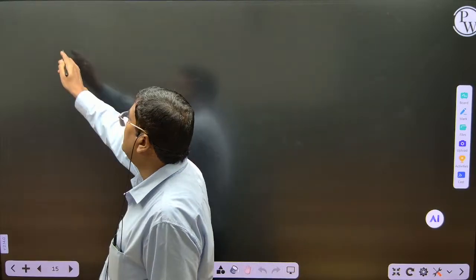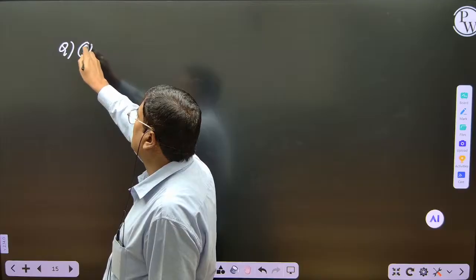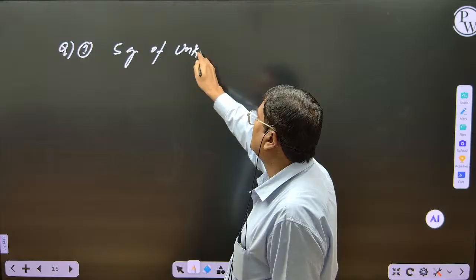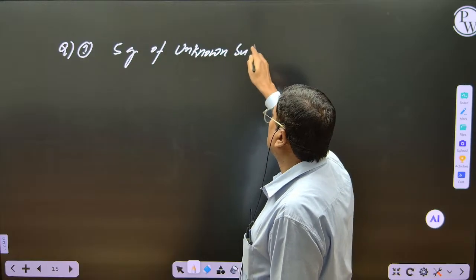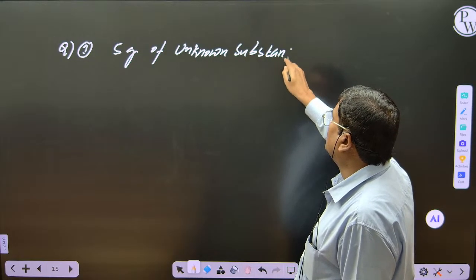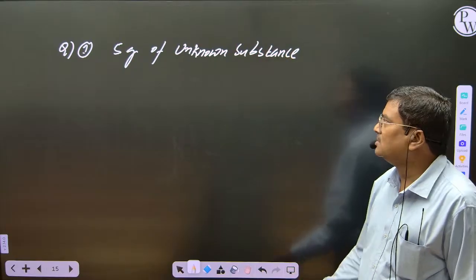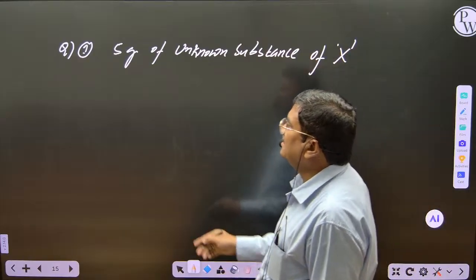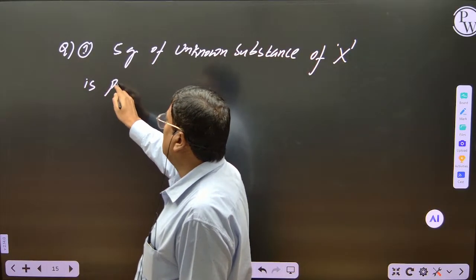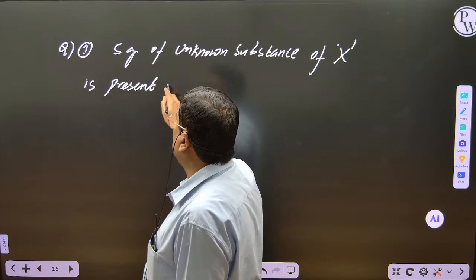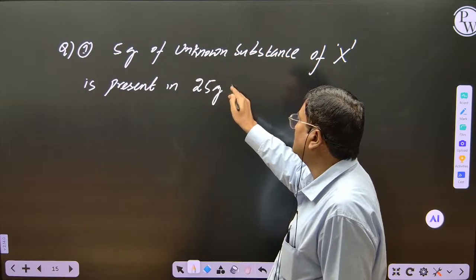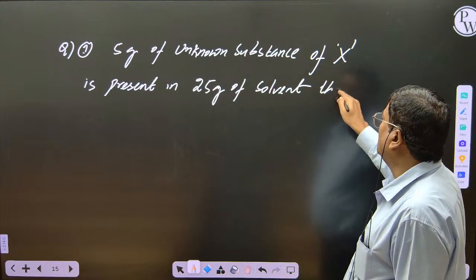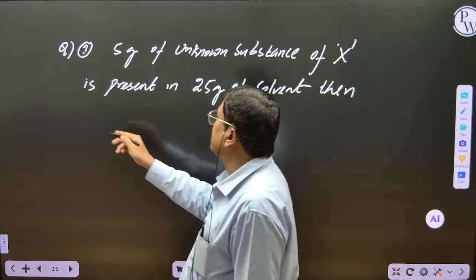In the exam numerical part, I am giving one question: 5 grams of unknown substance, we don't know what that unknown substance is, 5 grams I took of X, is present in 25 grams of solvent. Then find the mass percentage of solute.